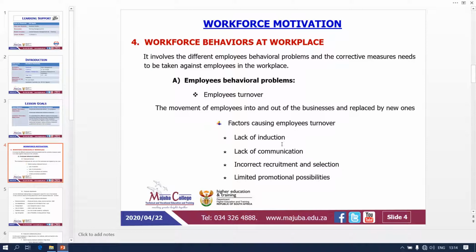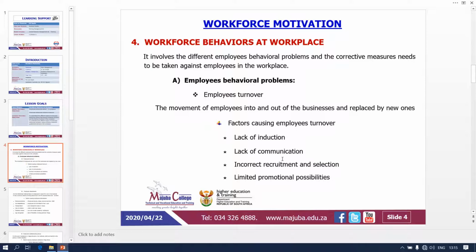Lack of induction, lack of communication, incorrect recruitment and selection, limited promotional possibilities. I will agree very much with these two.